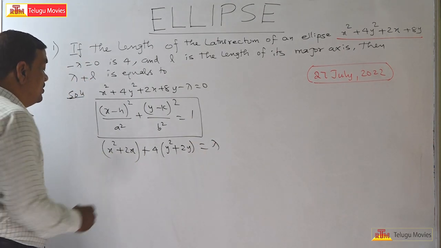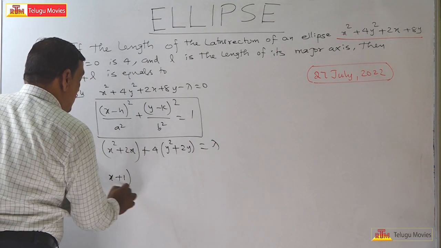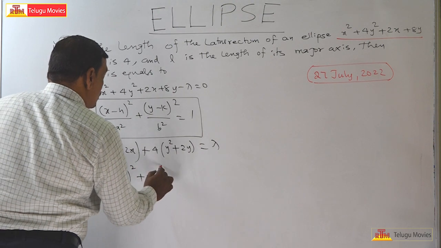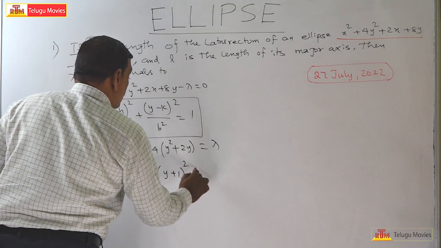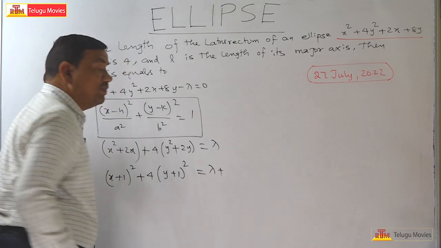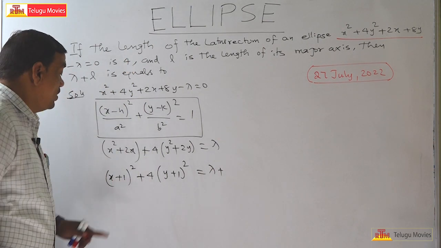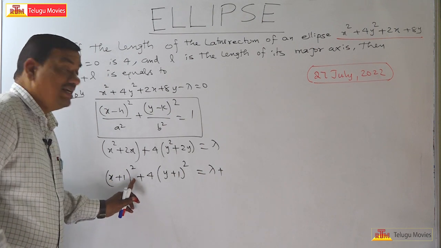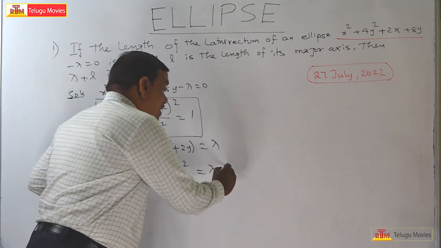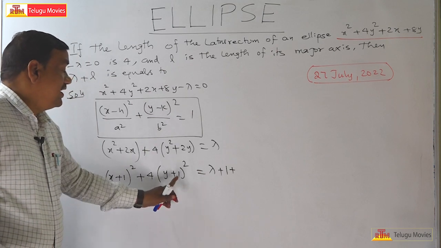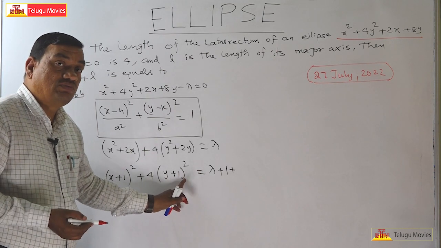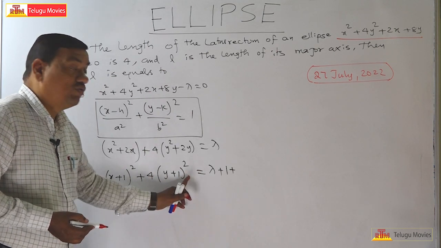This can be written as x plus 1 whole square, and this can be written as y plus 1 whole square. Remember what should be added to keep the equation equal to the previous one. Here x square plus 2x, plus 1 will come, so you have to add 1 here. Here y square plus 2y plus 1 will come, that means actually 4 into 1, that is 4.